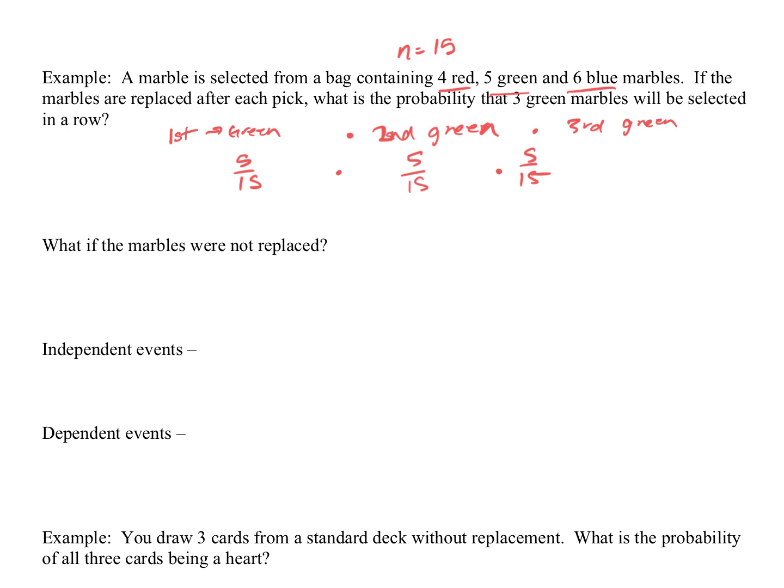For each one of these. Which works out to be 1 out of 27 when you multiply it across, because it's 1/3 times 1/3 times 1/3. Which is probably just short of 4%. Was that close? It's 0.037.